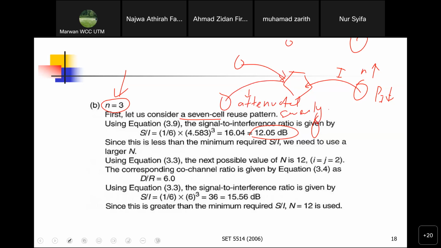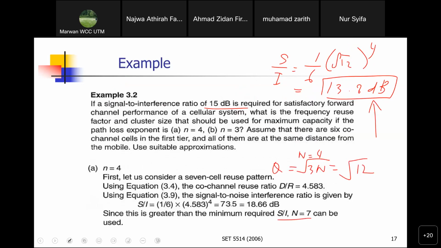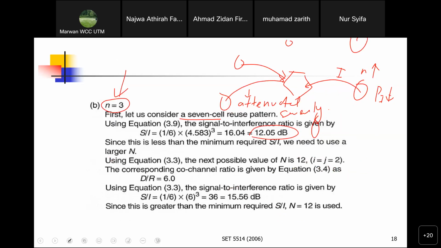Okay, so that is why if you have a worse environment, n equals 4, somehow your co-channel interference is bigger. Once the channel becomes better, n equals 3, your C over I or S over I is going to be lower. What does it mean?